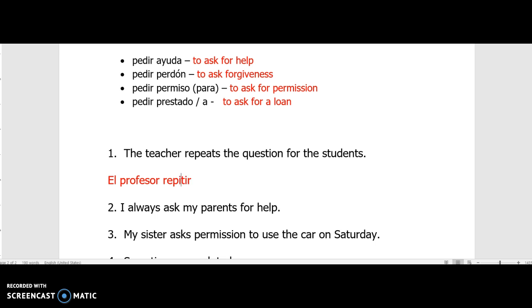Repetir, E changes to I. Chop off the IR ending. El profesor is the el, usted. Conjugation, bottom left box. Repite. The question, la pregunta. For the students. Para los estudiantes. Got an extra space in here that I don't need. There we go.